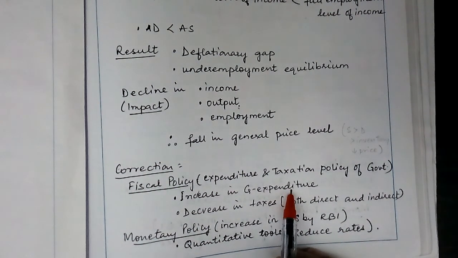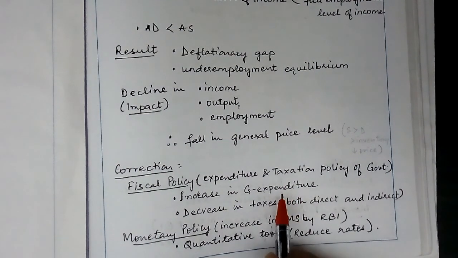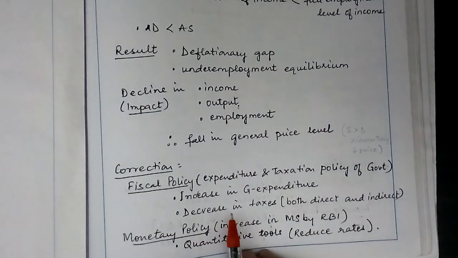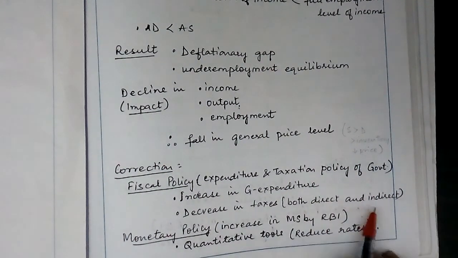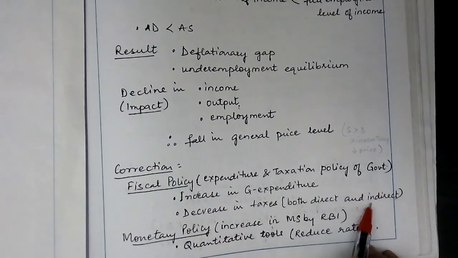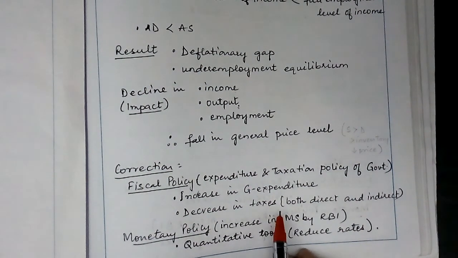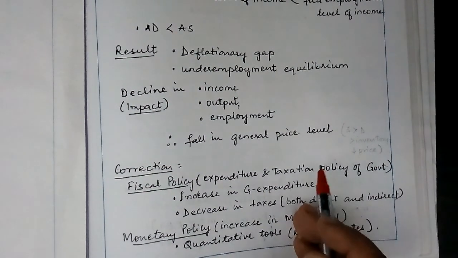It means that the government would increase its own expenditure and bring about projects like construction of dams or roads, etc. Or it would decrease the taxes, both direct taxes and indirect taxes. A decrease in taxes would mean more money in the hands of the people, that is more money for disposal. And hence, when there is more income, the aggregate demand would increase.